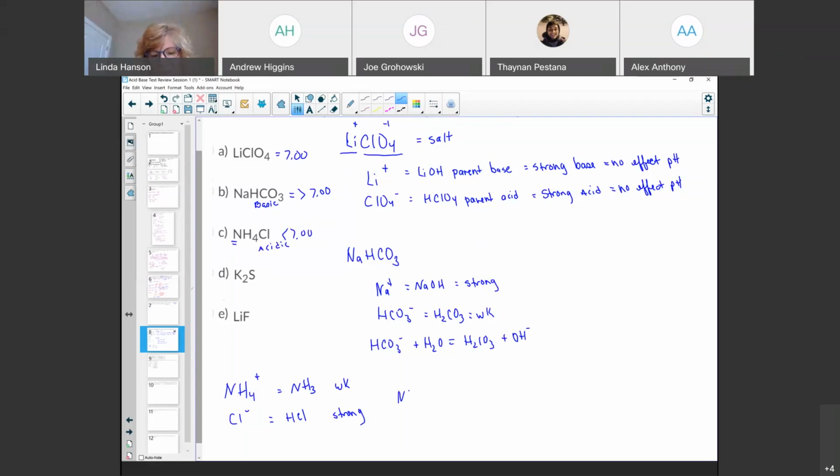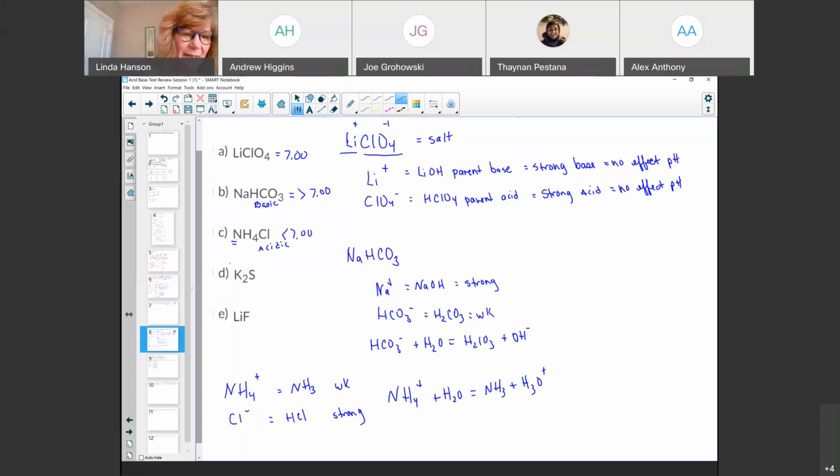Prove that to yourself: when you have the NH4 plus undergo hydrolysis, forming its conjugate pairs of ammonia and hydronium, you can see that the positive ion makes an acidic solution, whereas the negative ion would make a basic solution.